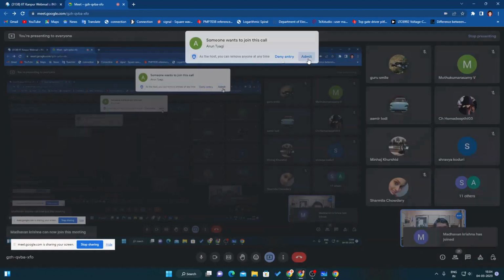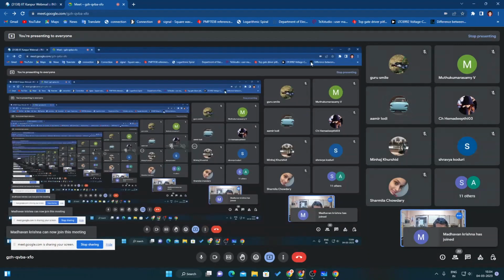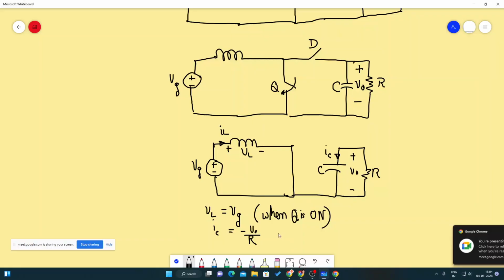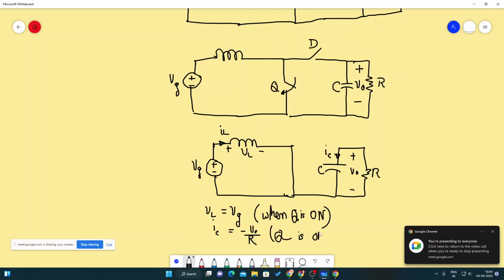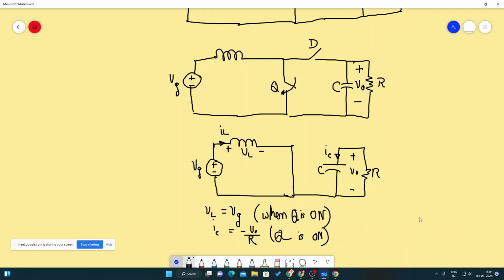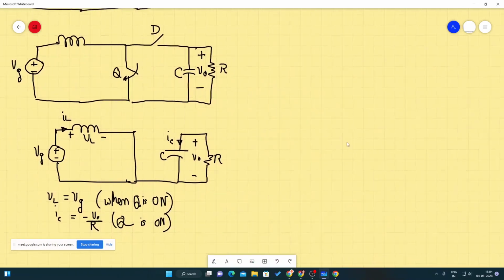Yes, right, sir. So this is when Q is on. Q is on means the diode D is off. So we can write these expressions. Next, let's keep it on the side.